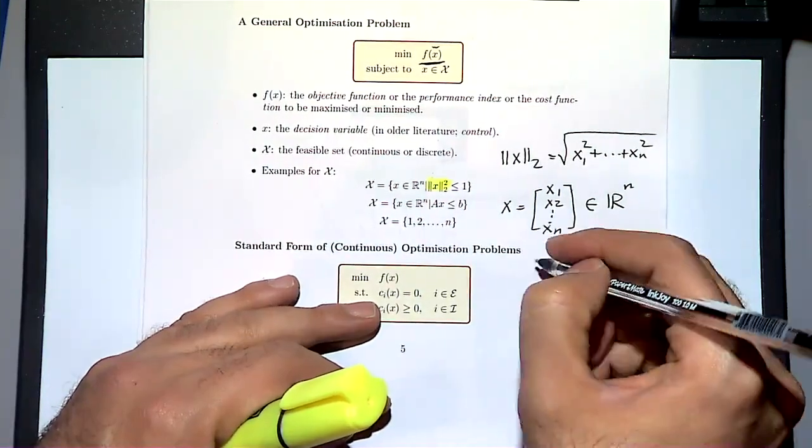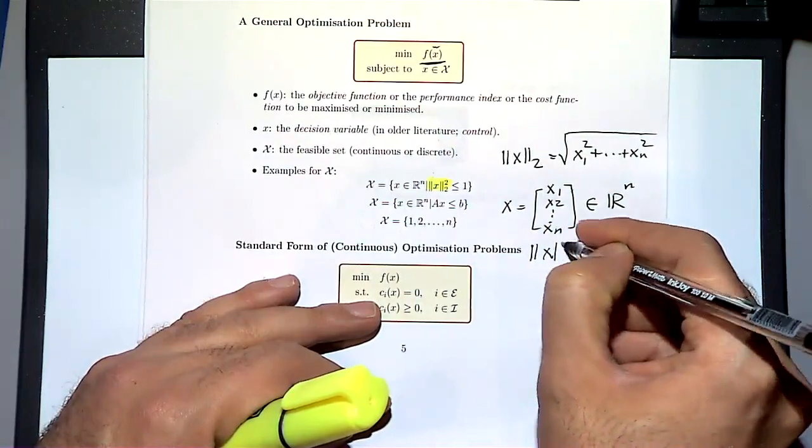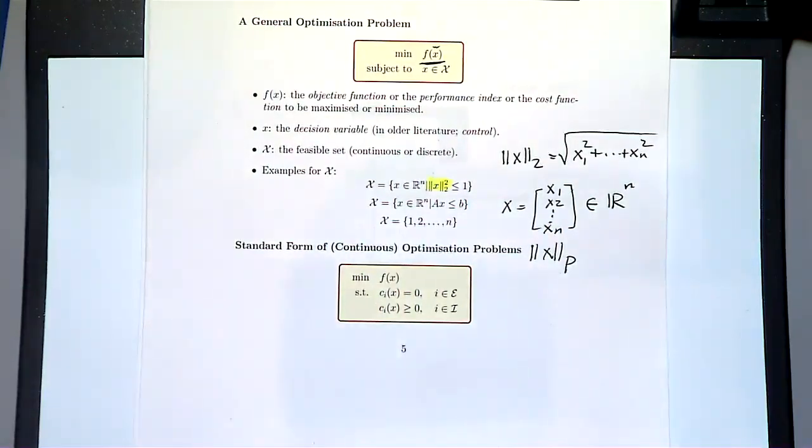Now, I can have p here. Can someone tell me what the definition of an Lp norm is?